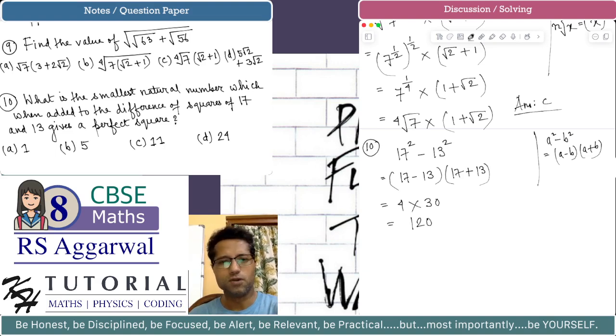So what is the smallest number? We know that the smallest number is 121, because we know that 121 is equal to 11 square.